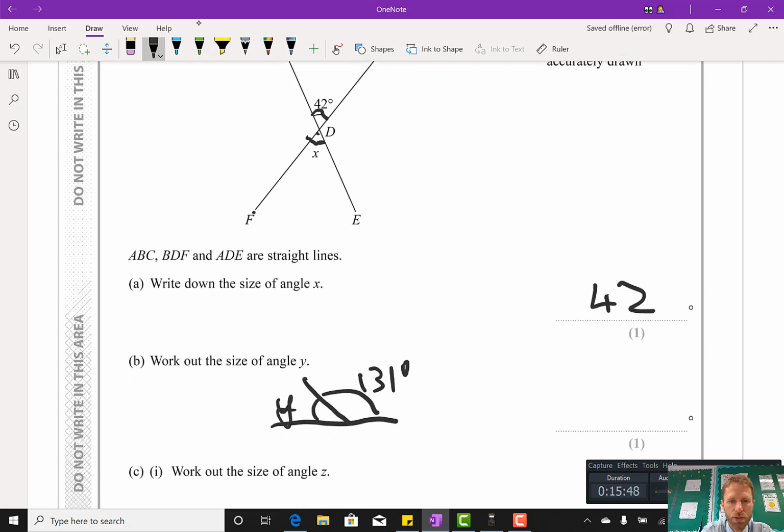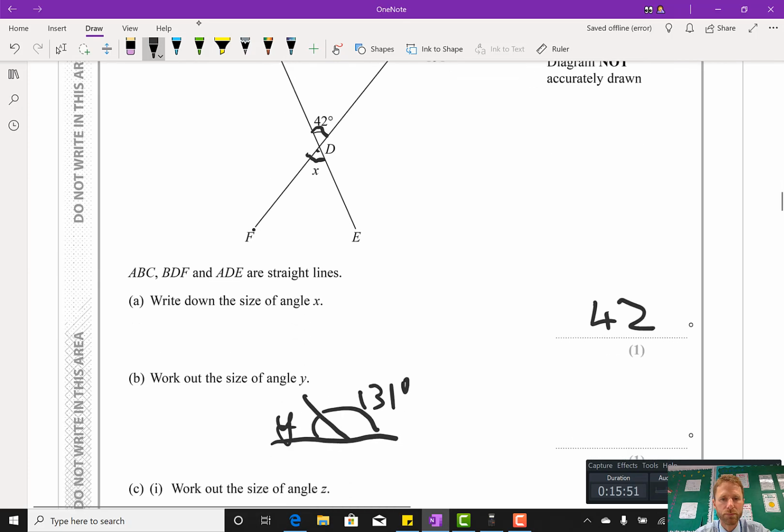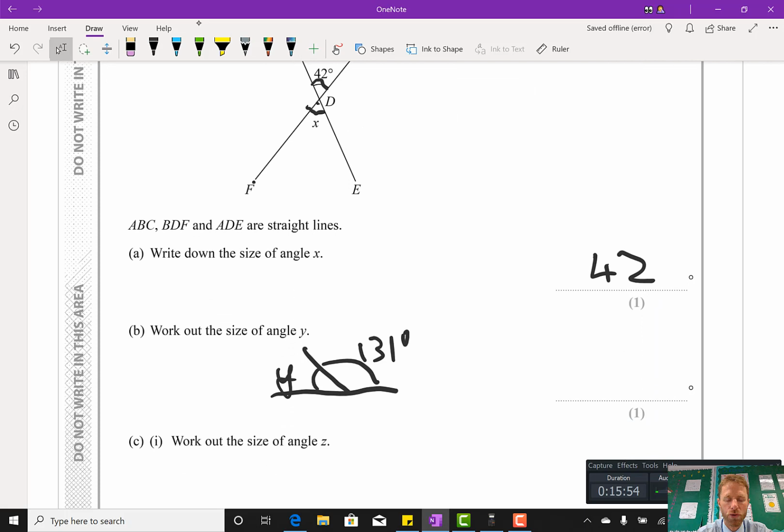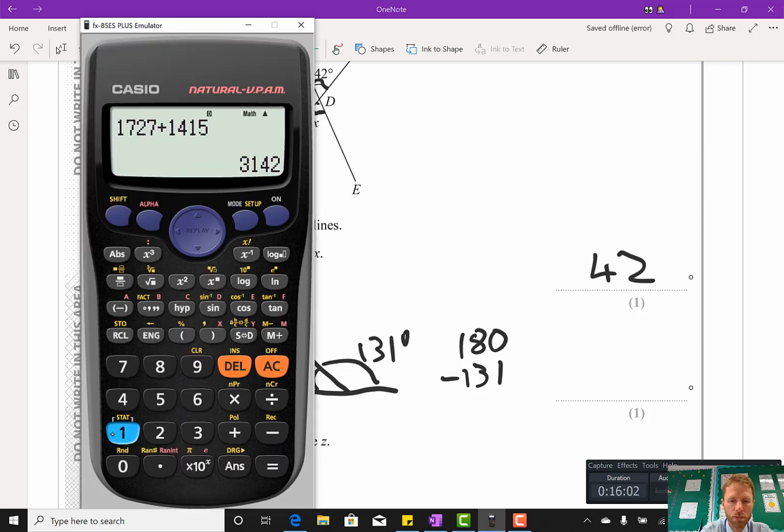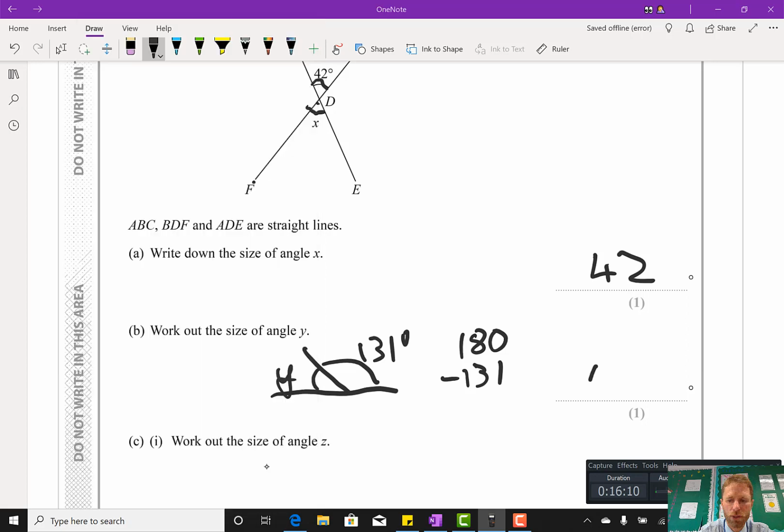In order to do this, you need knowledge of angles on a straight line. Angles on a straight line add up to 180. So 180 minus 131 is 49 degrees. Super. It hasn't asked me for a reason because it's only 1 mark, so that will do.